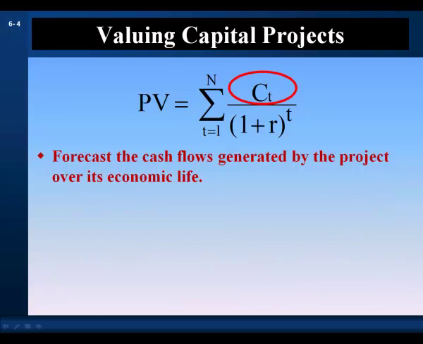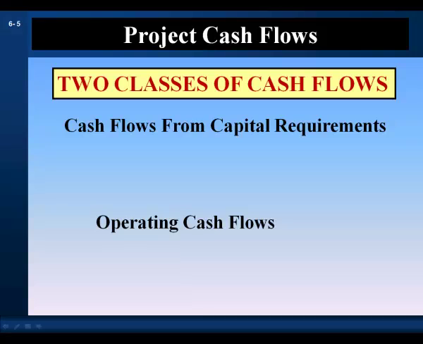In this lecture, we consider the problem of identifying the relevant cash flows of a project. A project's cash flow can be divided into two classes: cash flows from capital requirements and operating cash flows.